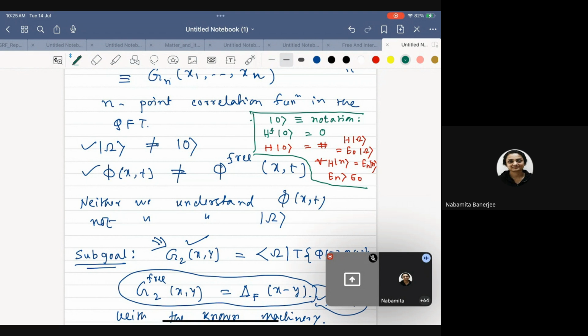You agree, right? The vacuum of the free theory cannot be the vacuum of your interacting theory, because your interacting theory's energy operator has changed. So now I'm starting from that state and denoting it, again a notation, by Omega, but it has exactly the same property as the 0 of the free theory. The 0 of the free theory was the lowest energy state of the free theory. The Omega of the interacting theory is the lowest energy state of the interacting theory.